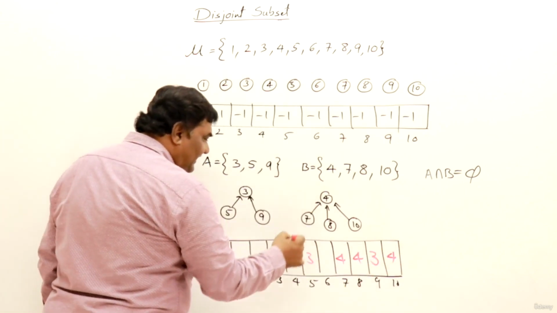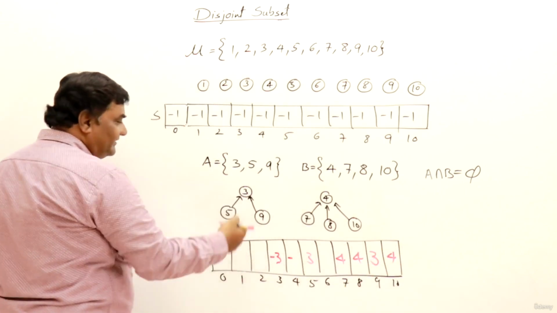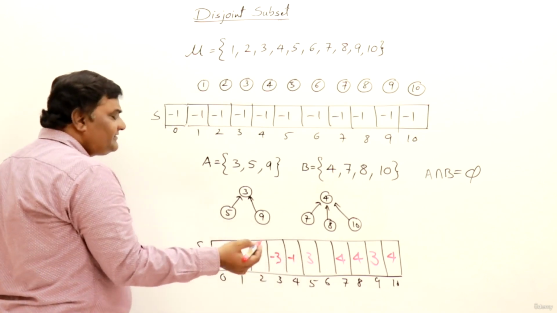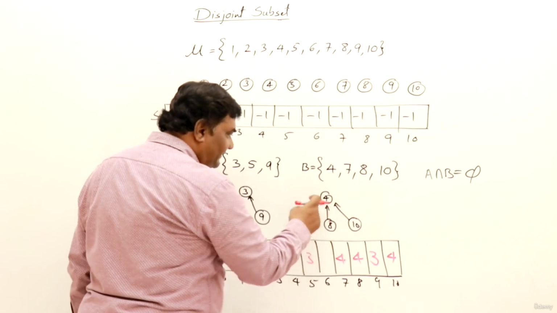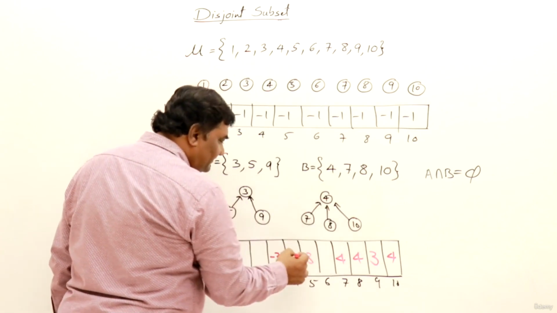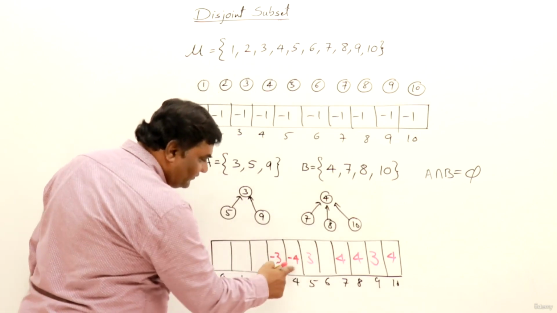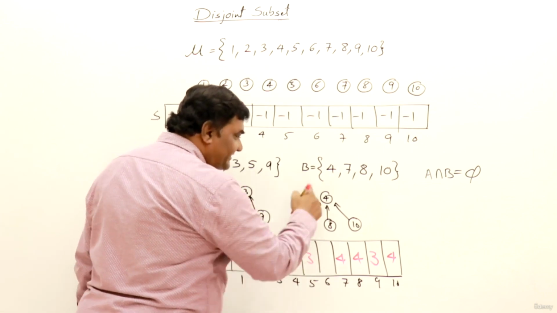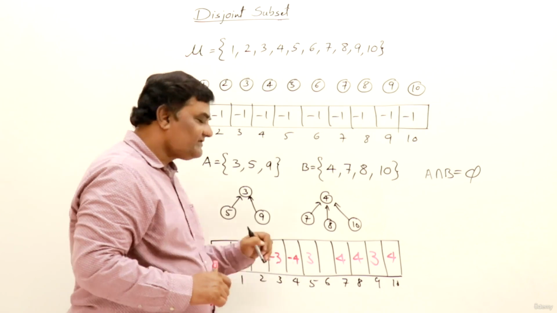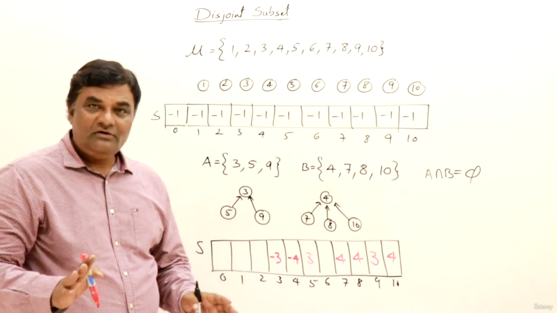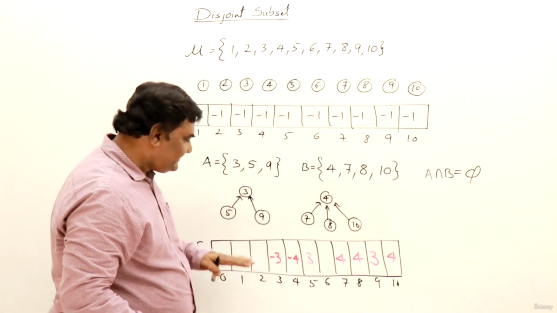And at 4, I have to write some negative number like -1. But just writing -1 is not very useful. So we write the total number of nodes in this set. Here the total number of nodes is also 4. So I will write 4 here. This 4 doesn't mean this 4, right? This 4 means the number of nodes. So the total number of nodes is 4, so here -4 is written. This is how we represent sets in an array.